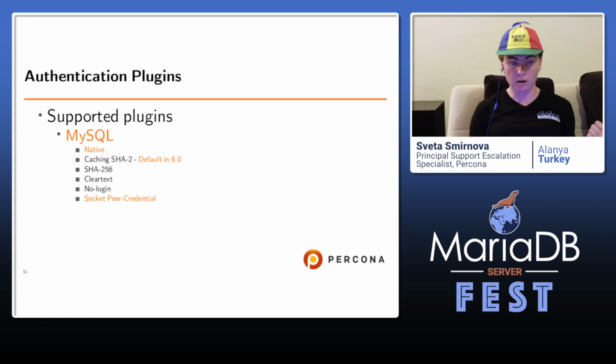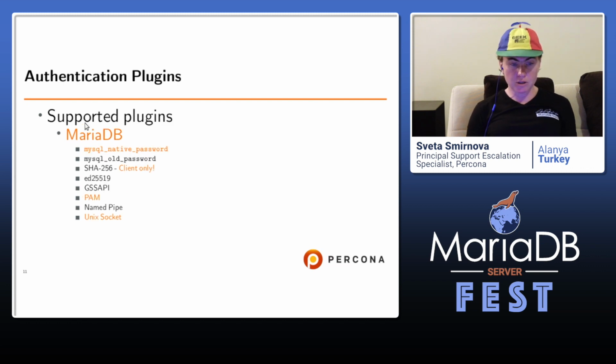These are not supported by MariaDB. MariaDB instead supports MySQL native password. MySQL old password was actually supported by MySQL up to version 5.7 included. Its old password, which was used prior to version 4.1, is deprecated and used only when you upgrade from very old versions. MariaDB supports SHA-256 on the client side only, so it can connect to MySQL servers, but it doesn't support this plugin at the server side.